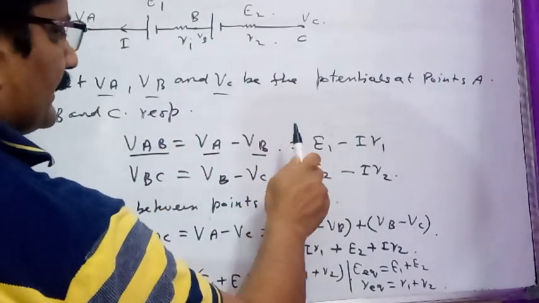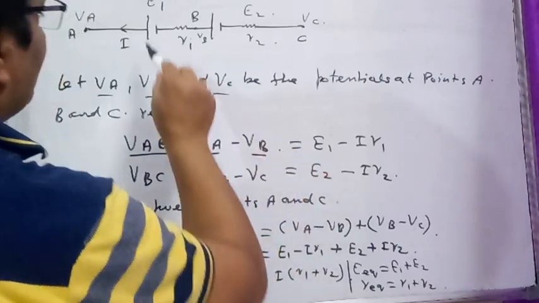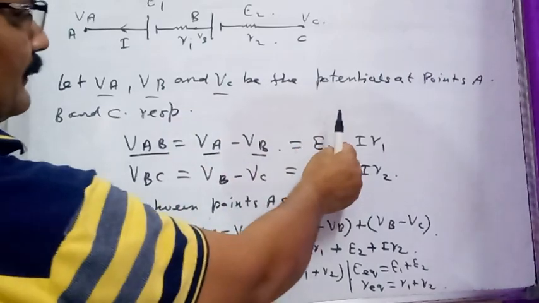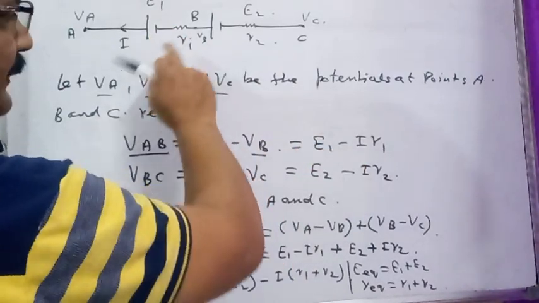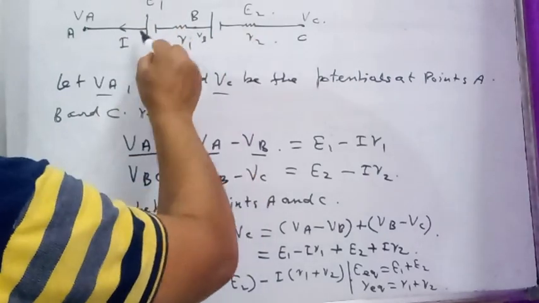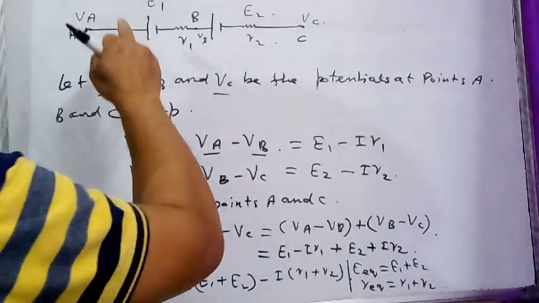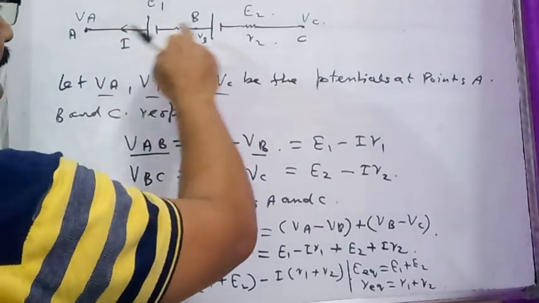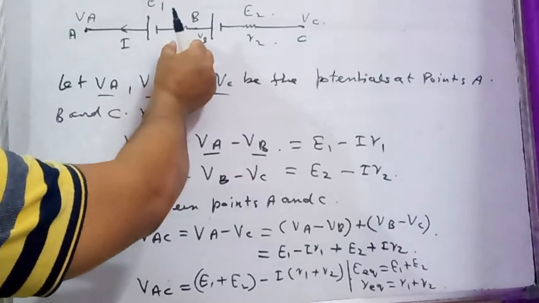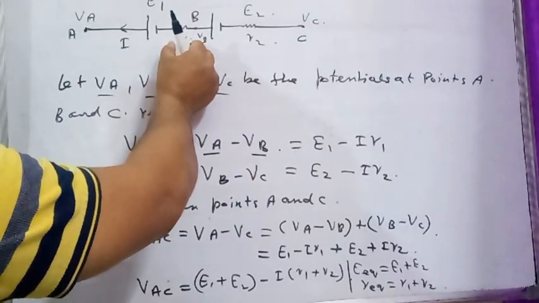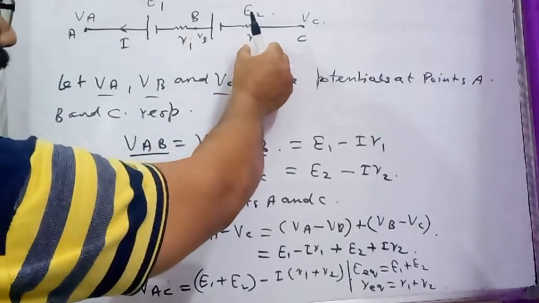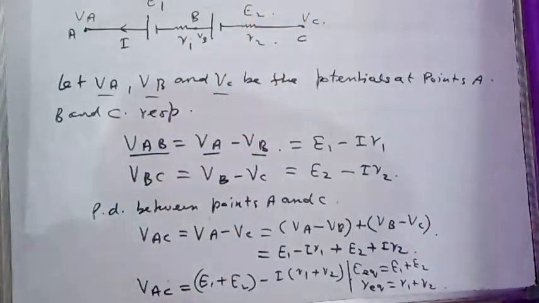Here potential is existing in two forms, either in the form of potential difference between terminals of the cell E1 and the product of current multiplied by the internal resistance of the cell. Suppose current I is flowing in the circuit, current I remaining same for both the cells and both the internal resistances. So potential difference across resistance R1 is I multiplied by R1, and potential difference across resistance R2 is I into R2.